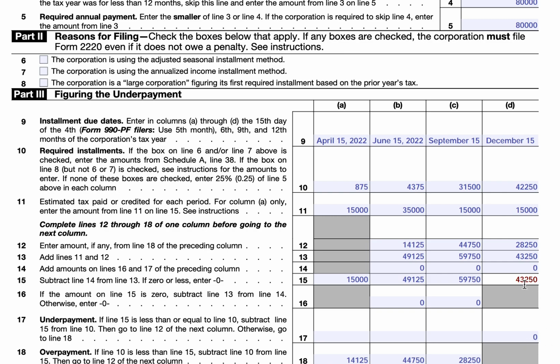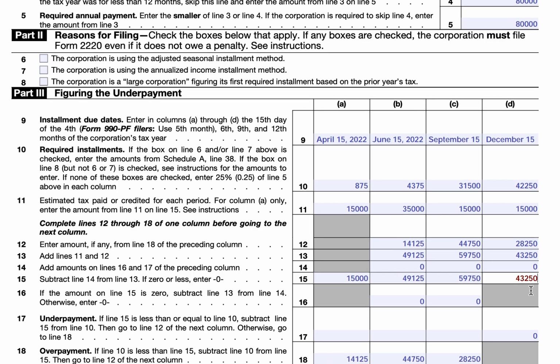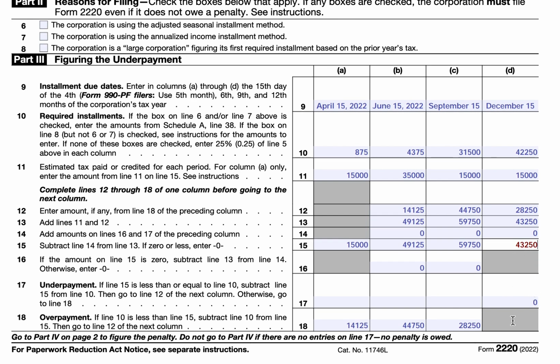So our overpayment actually is $1,000. However, we can't put that in here. You can just compare that we needed to pay $42,250. We actually came in a little bit above.